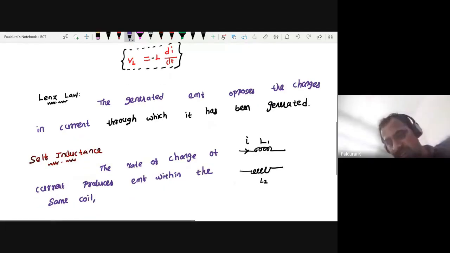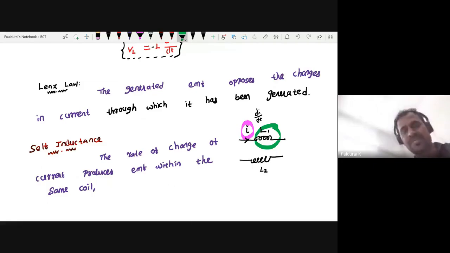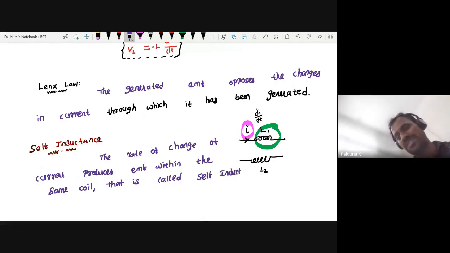Here this I is flowing, and the rate of change is given by dI by dt. If it generates voltage within this coil, within this L1, that is called self-inductance. This you might already have studied in your physics, but anyway.